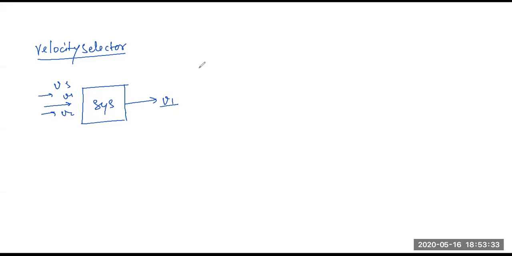If I want a velocity of, let's say, 1000 meters per second, then first thing, V should be E by B. Yes or no? V is E by B.